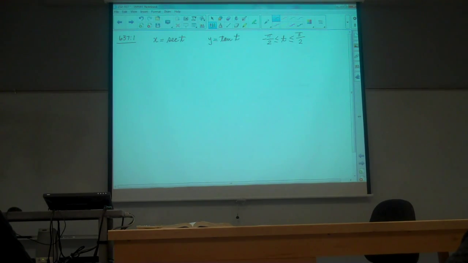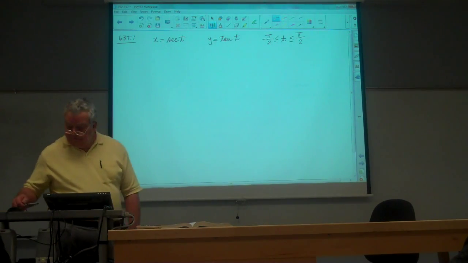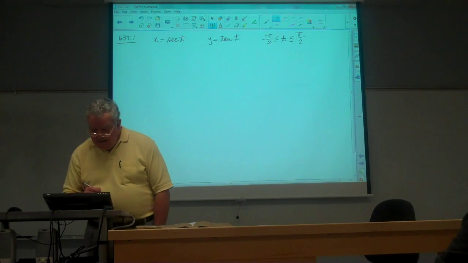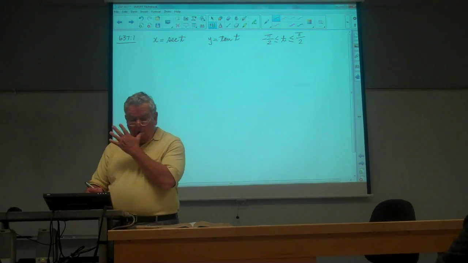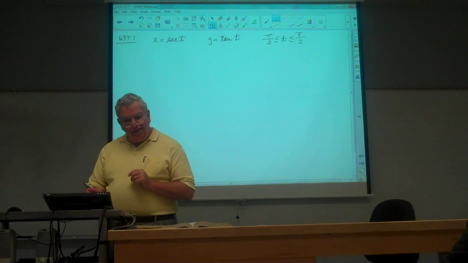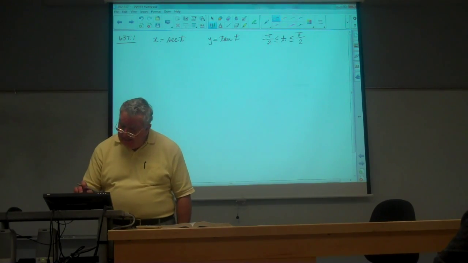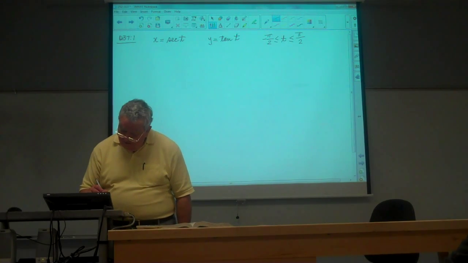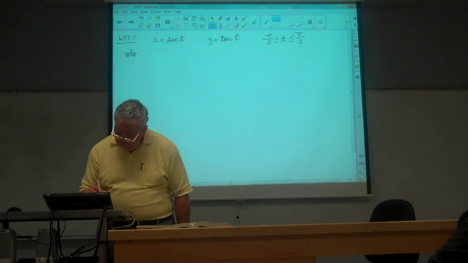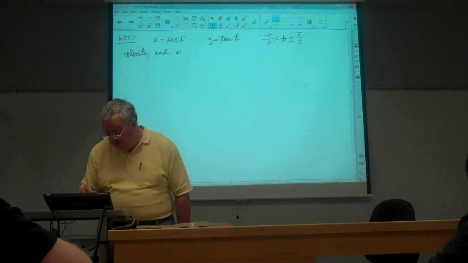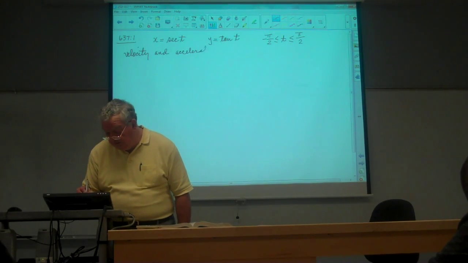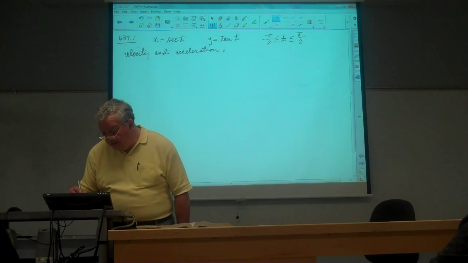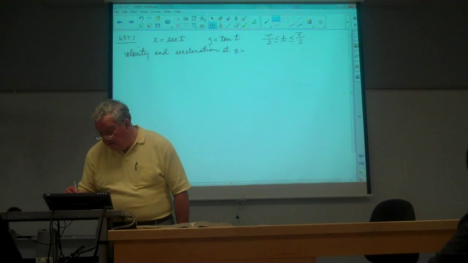Everybody agree? And I want to find, well, hang on, I'm making this up. I want to find the velocity and acceleration at t equals 0.